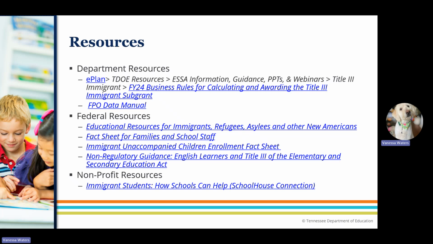And then there are the nonprofit resources, which also have good information. Immigrant Students: How Schools Can Help, which is from SchoolHouse Connection, is also a really great resource to look at. And so I highly encourage you to take a look at these resources to better align with your immigrant programming and your data collection.